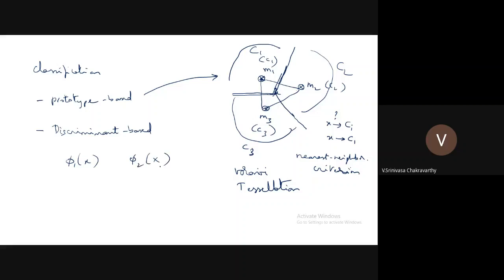How do you know a given data point is in class 1 or class 2? If I apply the functions to the data point, and the evaluation for phi1 is greater than the evaluation for phi2, then x is in class 1, else x is in class 2.